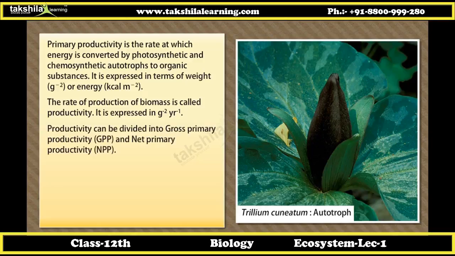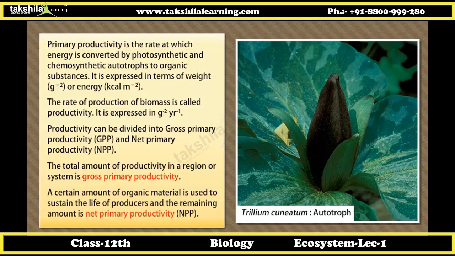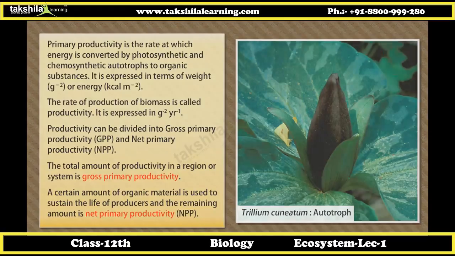Productivity can be divided into gross primary productivity (GPP) and net primary productivity (NPP). The total amount of productivity in a region or system is gross primary productivity. A certain amount of organic material is used to sustain the life of producers and the remaining amount is net primary productivity (NPP).